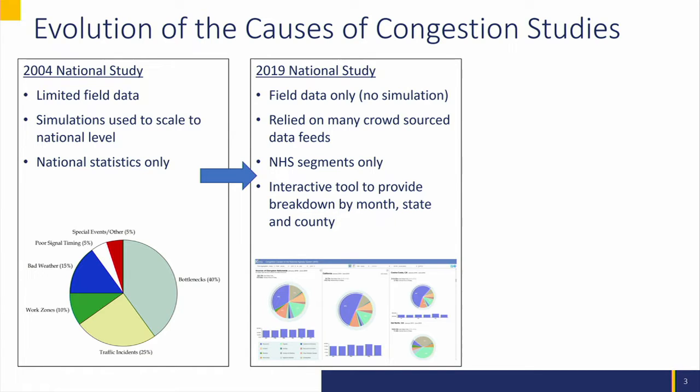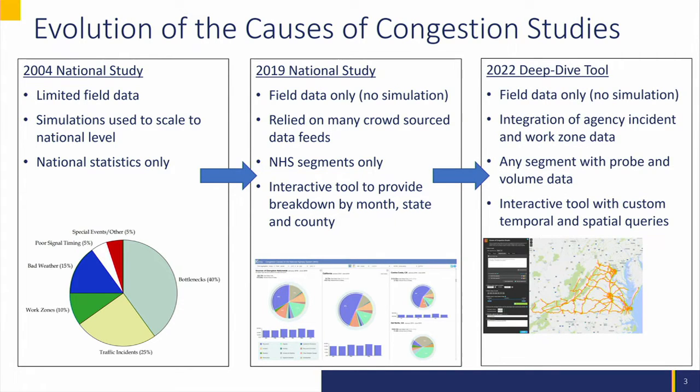So that's a good start. People were pretty excited about that, but they said, well, wouldn't it be nice if we could pick specific road segments and custom date ranges and hours of the day so that I can look at the causes of congestion for very specific applications. So we worked with some of our partners in RITIS, which is the Regional Integrated Transportation Information System, at CATT Lab.